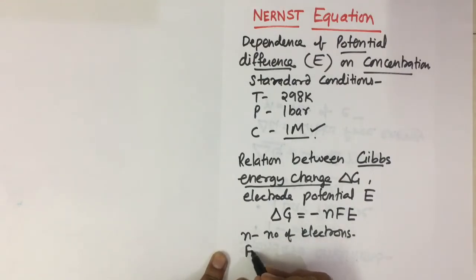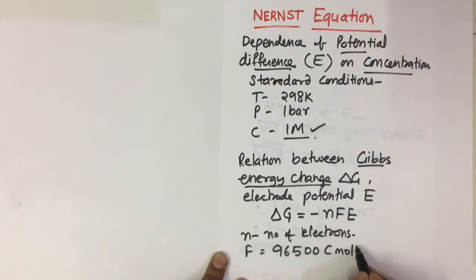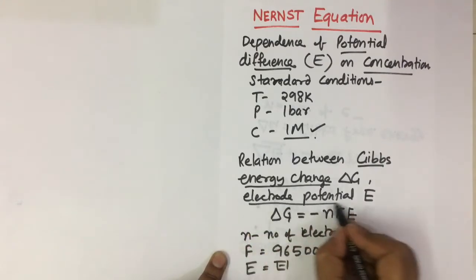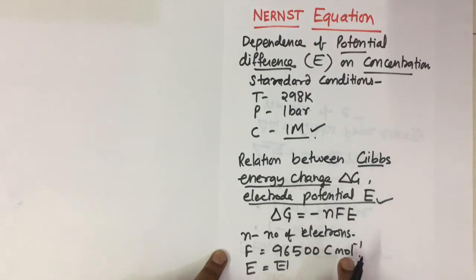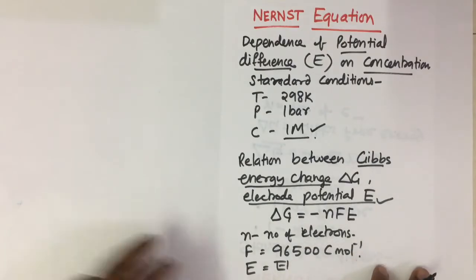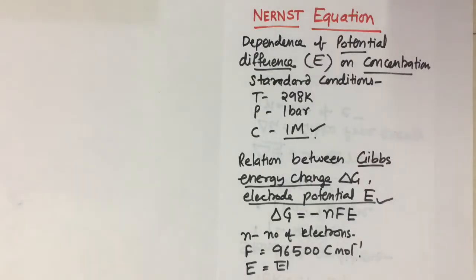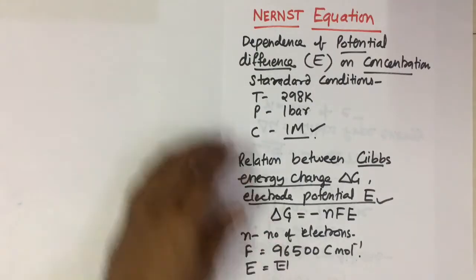F is the Faraday constant, 96500 coulombs per mole, the charge carried by 1 mole of electrons. E is again the electrode potential. We will start the derivation with this relation, delta G is equal to minus nFE.